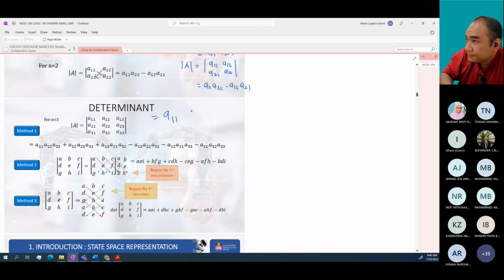We find the determinant of A22, A23, A32 and A33. Kan? Kalau kamu tengok daripada ni, kita ambil determinant yang ini. Ataupun you can see that kita tutup yang ini dan tutup yang ini. And then we get the determinant of A22, A23 and A32, A33. So since here we got only a 2 by 2 punya matrix, it's very straightforward for us to compute the determinant of this matrix. Right?